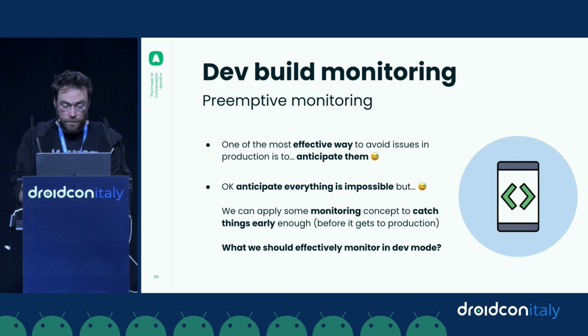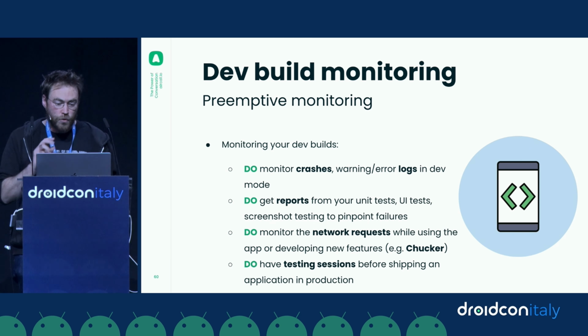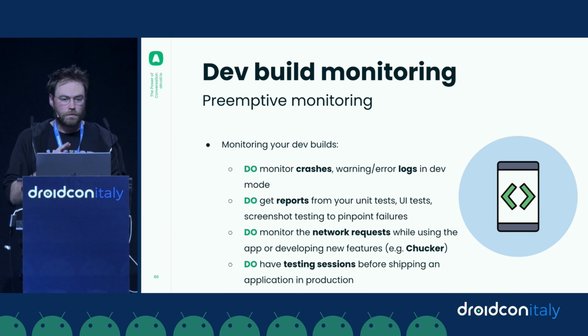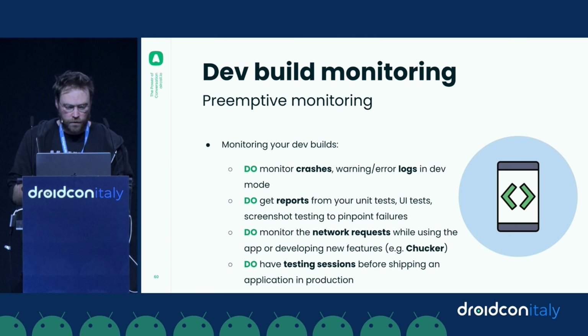But we can monitor some very good things in production, early enough before it gets bad. So how to do it? Mostly monitor your crashes in your dev build or QA builds. Also set up some alerting regarding the dev environment.